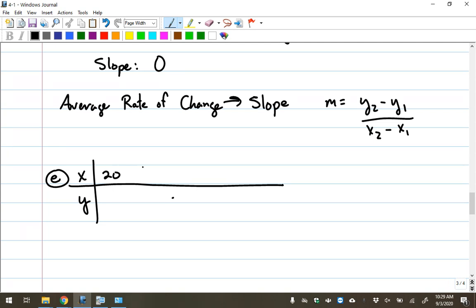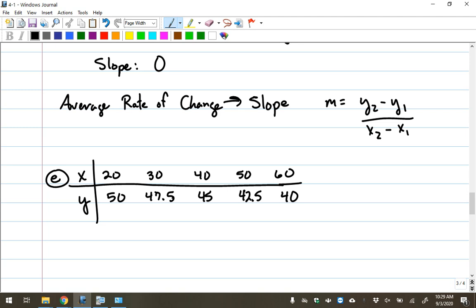So x values, let's do 20, 30, 40, 50, 60. Y values, let's do 50, 47.5, 45, 42.5, and 40. So we've got a set of ordered pairs going on there.